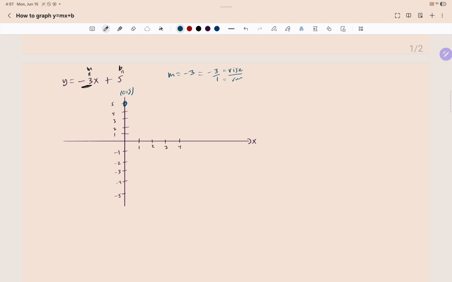So starting at 0, 5, we're going to go down by 3. 1, 2, 3. But we're going to move 1 to the right. Remember, the run, we're always moving to the right. It's always positive in the x direction. And the point here is going to be 1, 2.